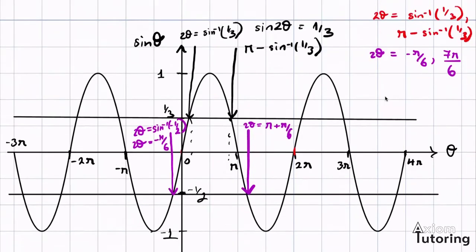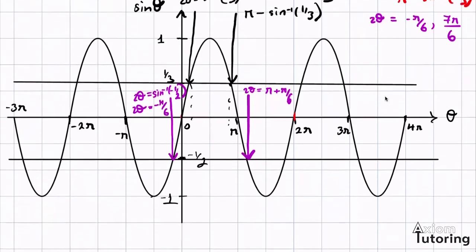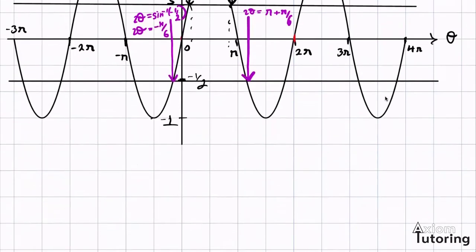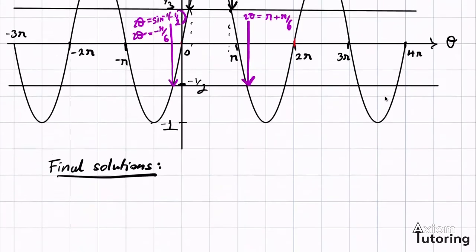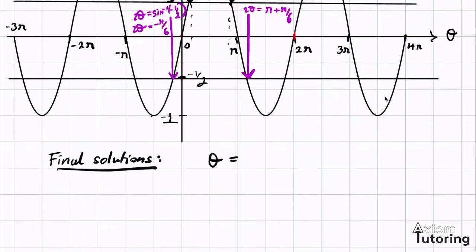But remember, we have just worked out our solutions for 2 theta using our sine theta graph. So all we really need to do now is to divide by 2. So our final solutions will actually be theta equals sine to the -1 of 1/3, over 2.